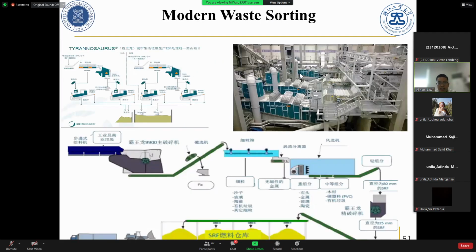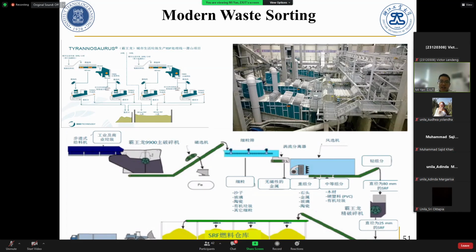So this is the plant in China. Before CFB, they use this sorting system to increase the MSW quality. Of course, raw MSW can burn, but they want to increase the quality, and after increasing the quality of the MSW, the fuel becomes better. Then the steam parameters will be higher, high pressure and high temperature steam, and the thermal efficiency will also increase.